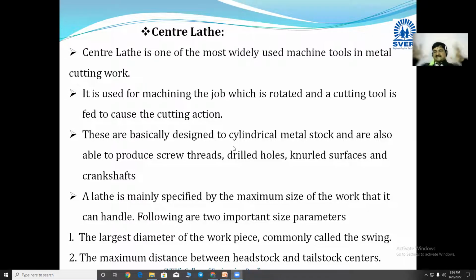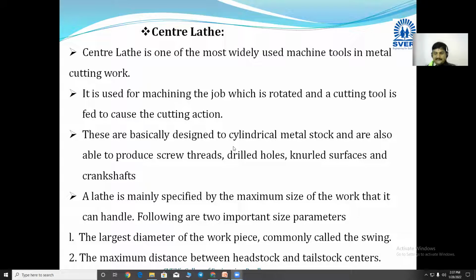त्याच्यावर आपण किती साइजचा वर्कपीस ऑपरेट करू शकतो त्याच्यावर लेथची साइज ठरते. नंबर 1, लेथची साइज ठरते की तुमचा वर्कपीस किती, त्याचं डायमीटर किती मोठा आहे त्याला म्हणतात स्विंग. स्विंग म्हणजे डायमीटर. And second is the distance between headstock and tailstock center.